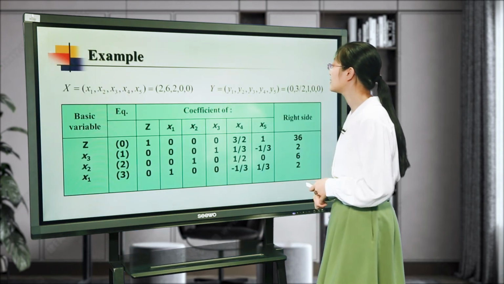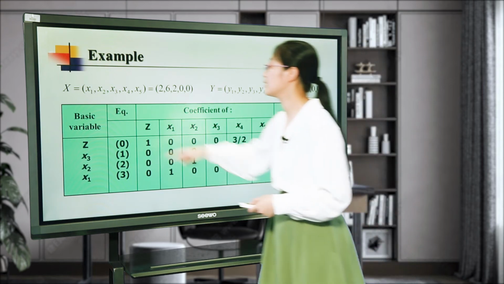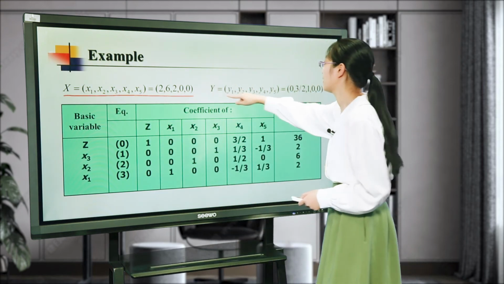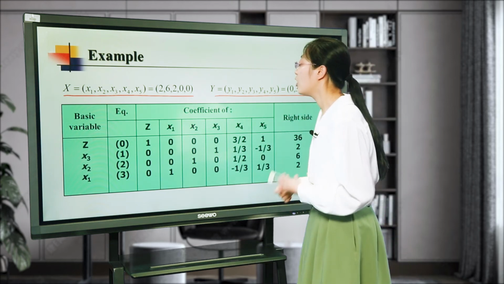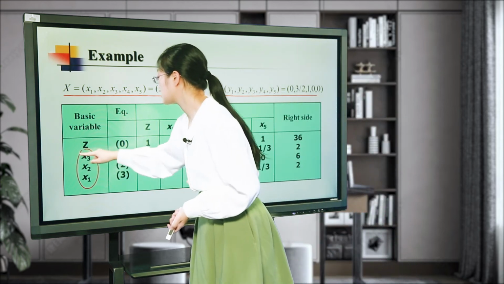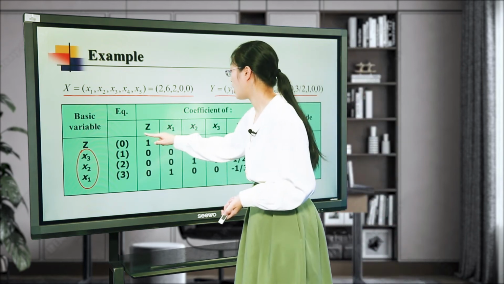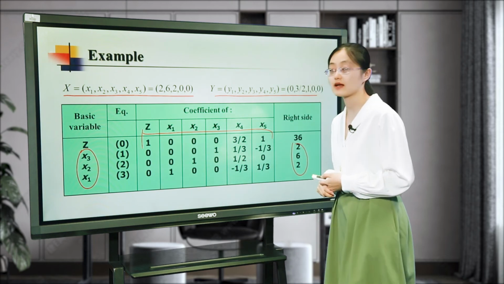So we can repeat this procedure, and at each iteration, we find correspondingly the solution to the primal problem and this complementary dual solution. At this point, finally, we have all the variables non-negative, and then it passed the optimality test because the first row all have coefficients non-negative.